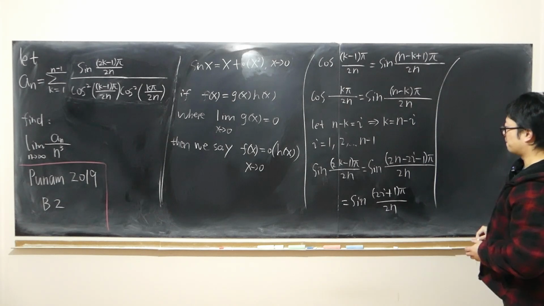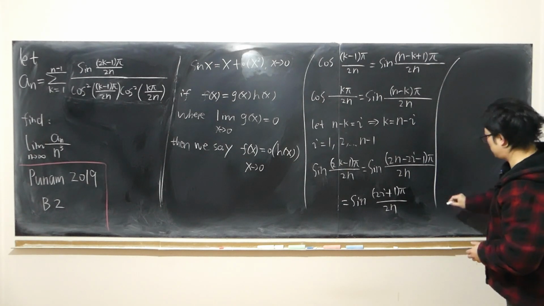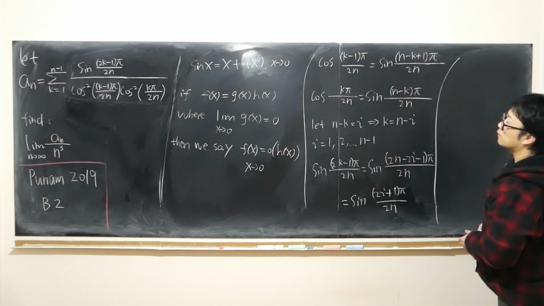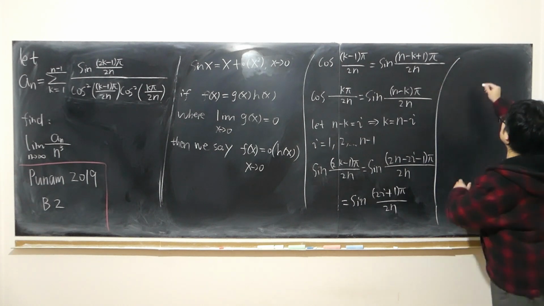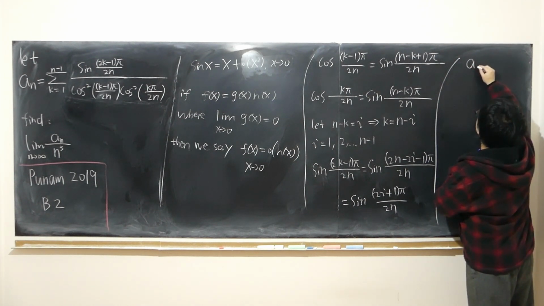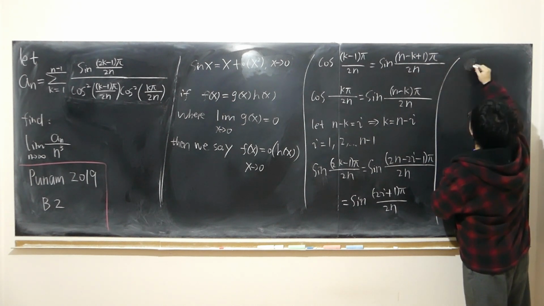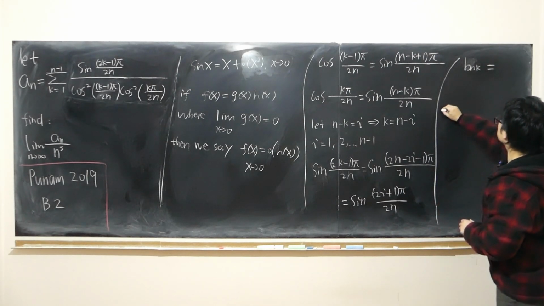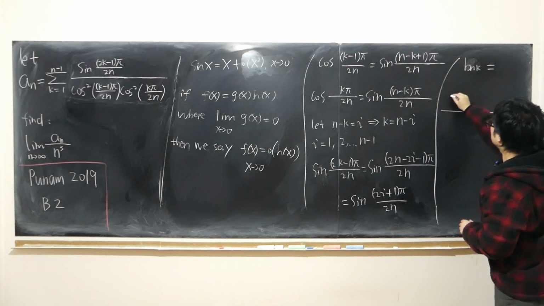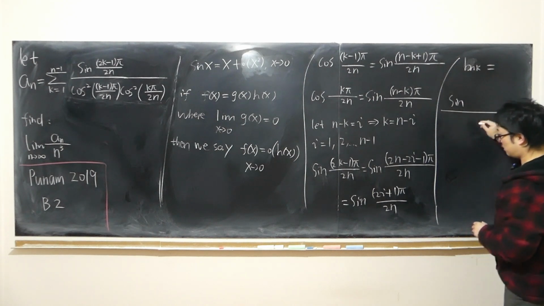So now it's simple. Now this finite sum, the summand, inside the summand, b sub k. On top we have sine.